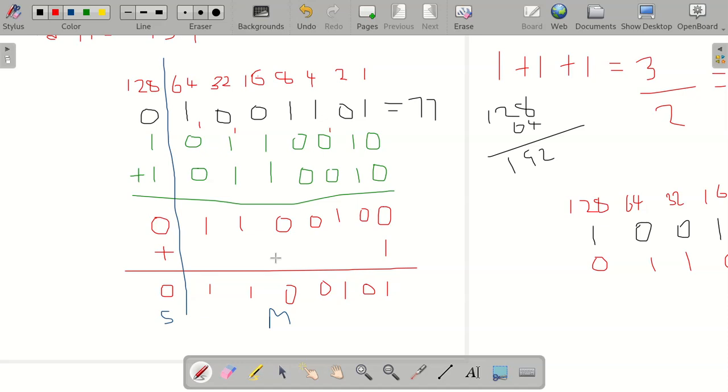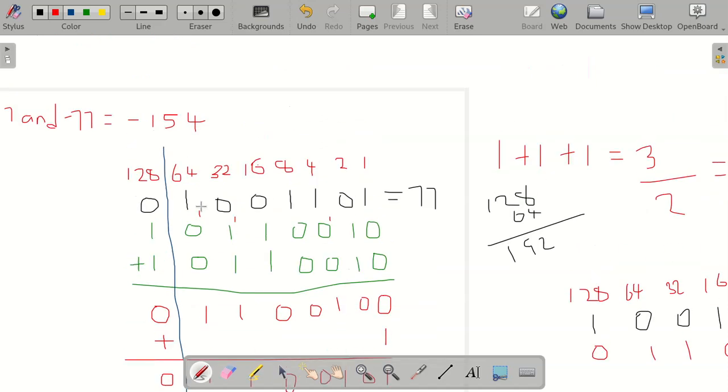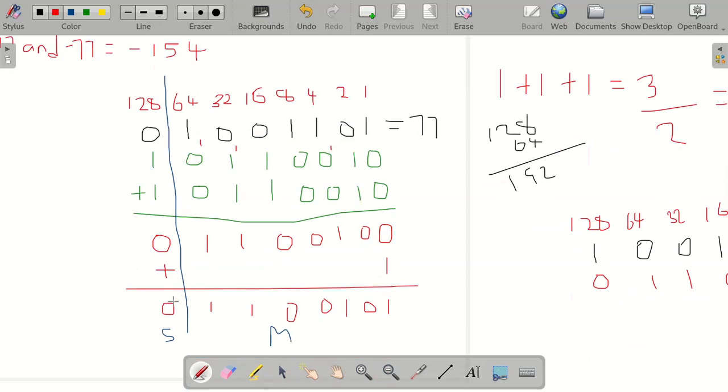Now coming back to the question, do we have an overflow or not? So we were expecting a negative number, but we end up getting a positive number, hence an overflow has occurred. Okay, so let's just confirm.